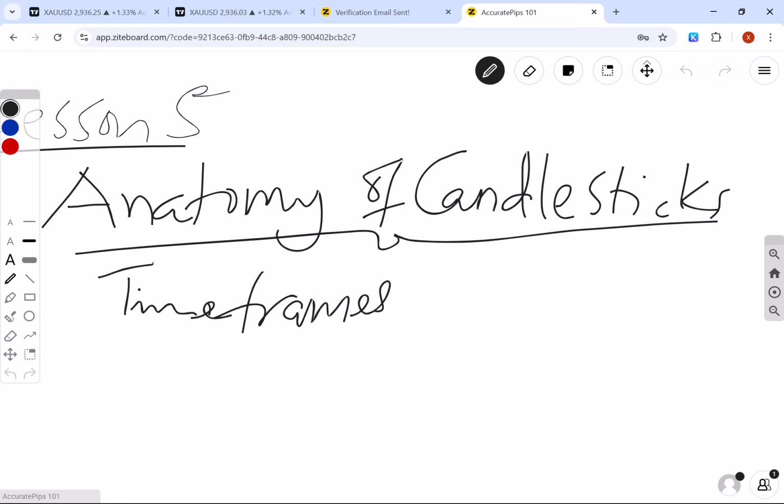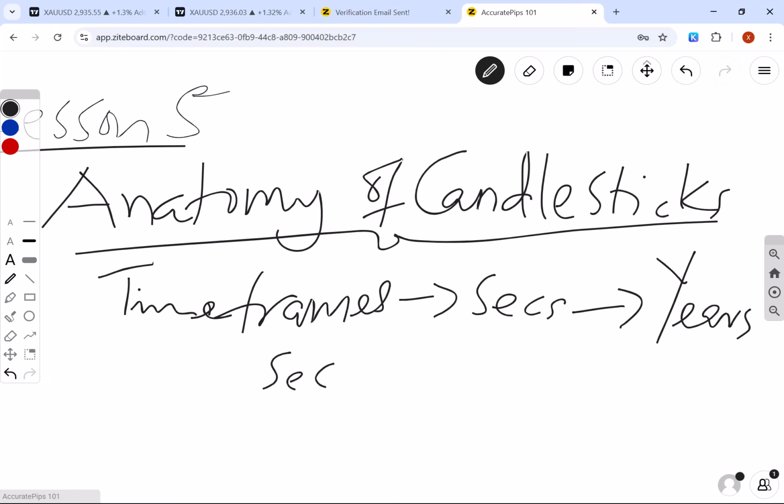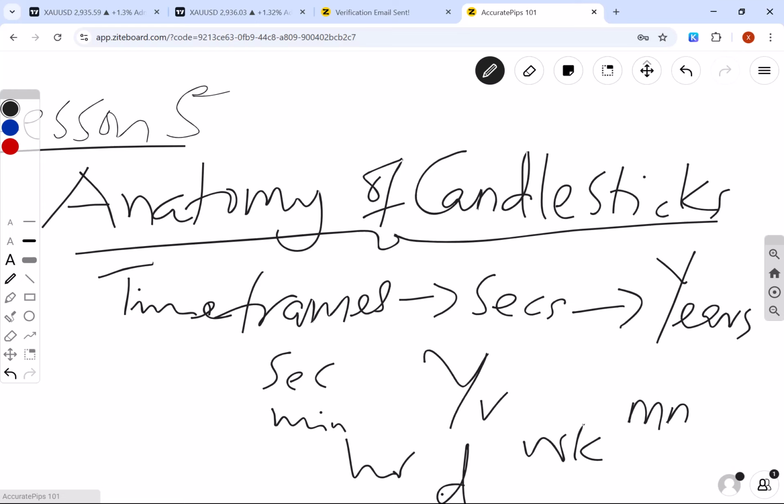All right. It's made up of time frames, and these time frames range from what? Seconds to years. All right. So we have the second time frame, we have the minute time frame, we have the hour time frames, we have the daily time frames, the weekly time frames, the monthly time frames, and the yearly time frames.